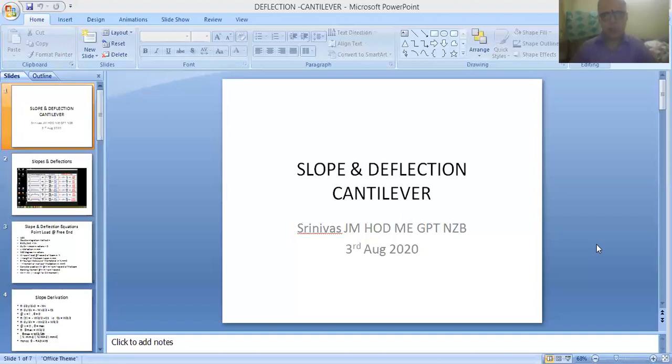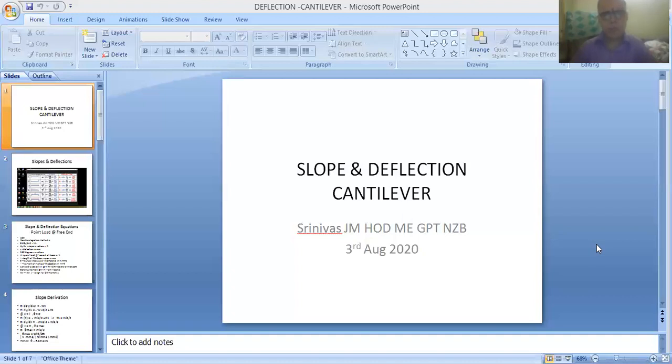We are following the SI system, so loads are expressed in terms of newtons. And secondly, UDLs, uniformly distributed loads, are denoted by small w and expressed in terms of Newton per millimeter.